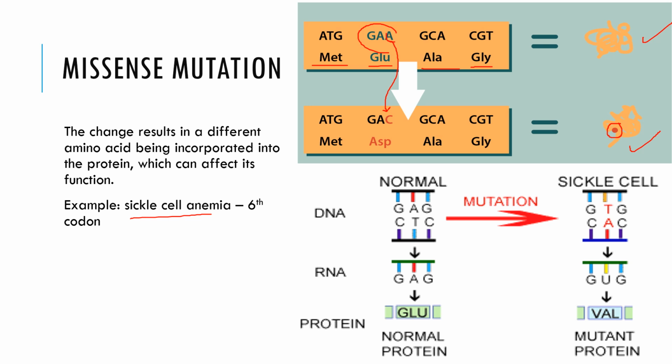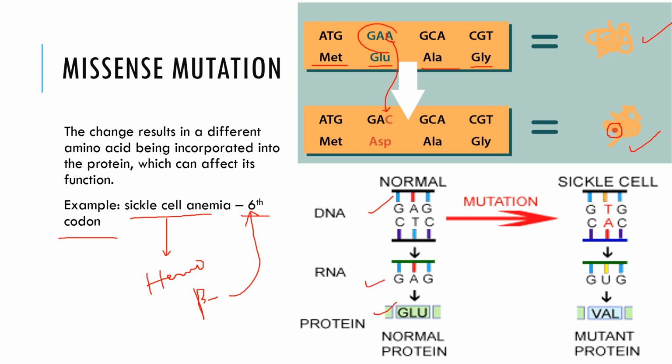In sickle cell anemia, hemoglobin is affected, specifically the beta chain. At position number 6 codon, normally GAG is present, and this GAG is for glutamic acid.